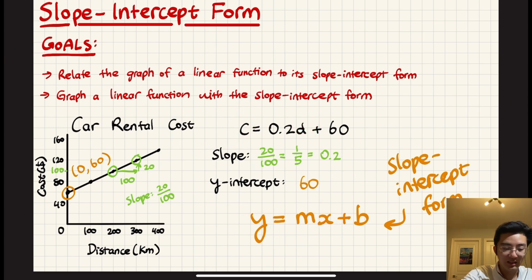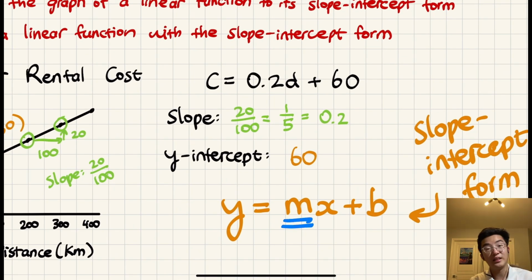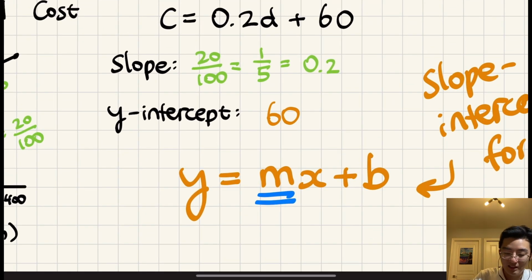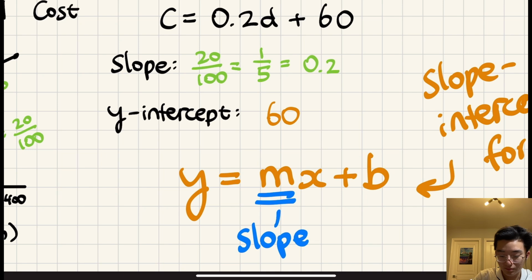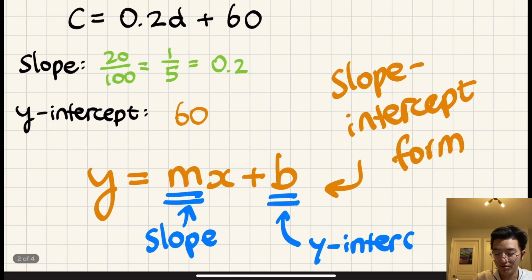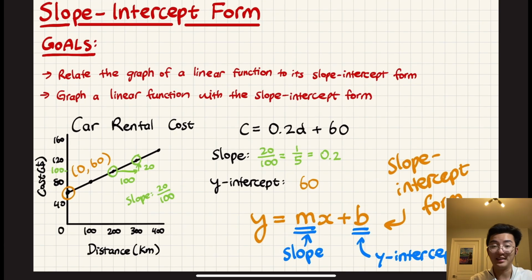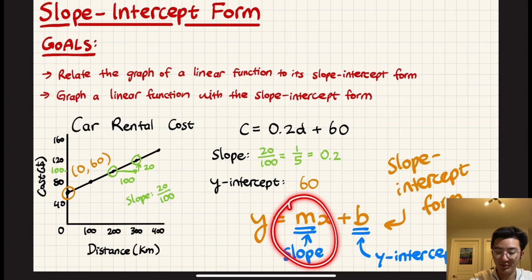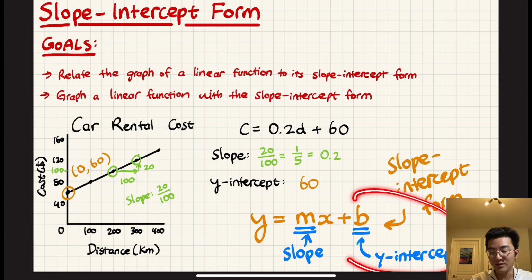In the slope-intercept form, the number in front of our variable is the slope, and the constant that's been added is our y-intercept. Again, think of it as y equals a number, x, plus another number. The number in front of x is the slope of the given graph, and the number that's been added is the y-intercept of this graph.